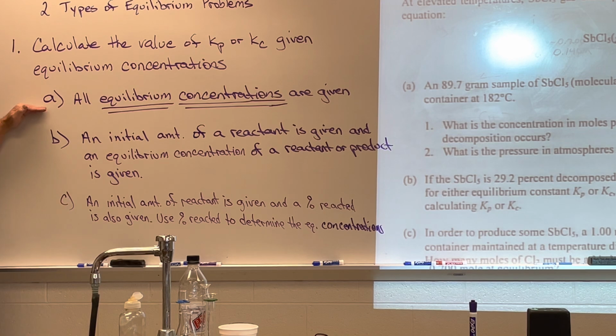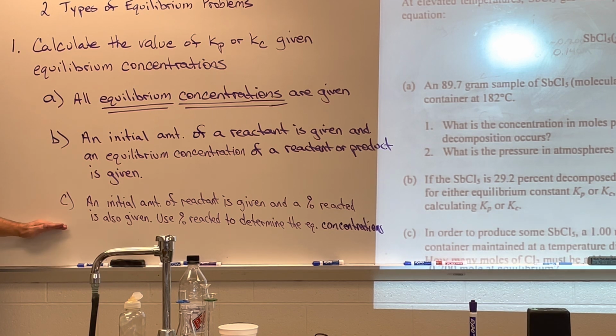Well, that's nice if they do, but that's not probably going to happen. Most of the time, they give you an initial amount and then one of your final amounts. And then you just have to do the stoichiometry to figure out what all of the equilibrium concentrations are. This is just a variation of that. So rather than saying what the final product is, they say, okay, a certain percent reacted.